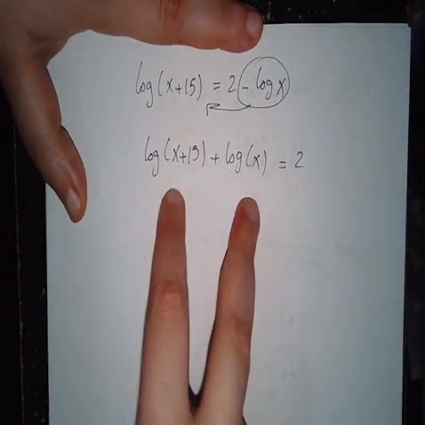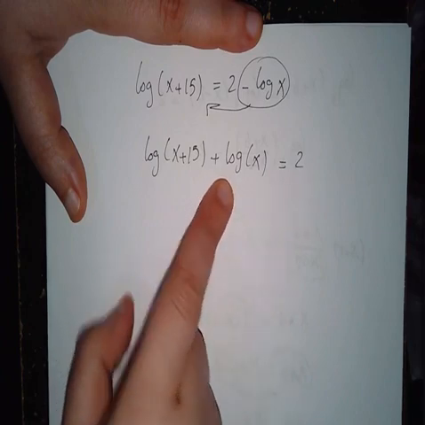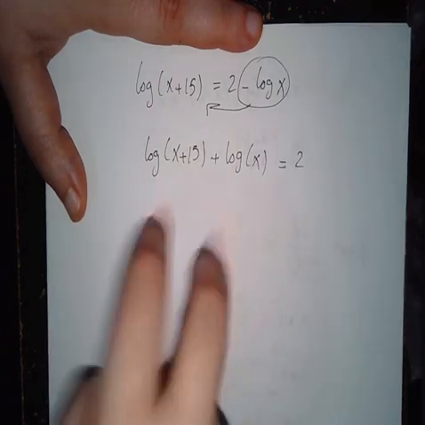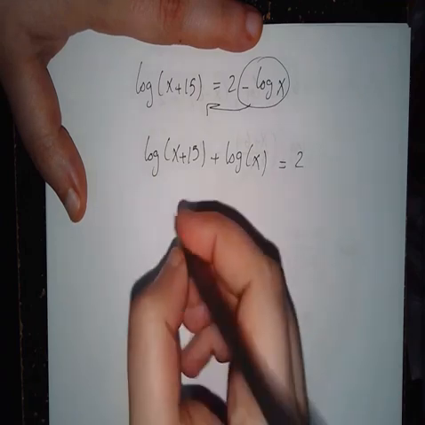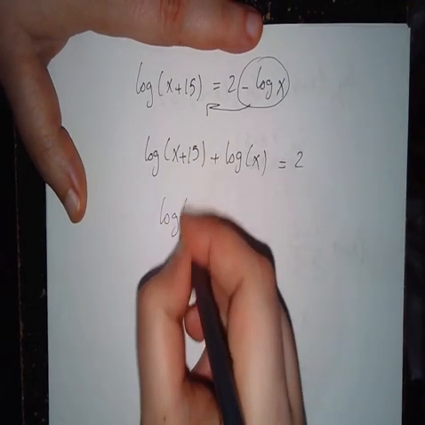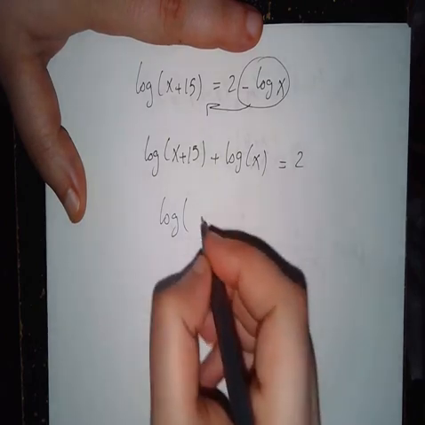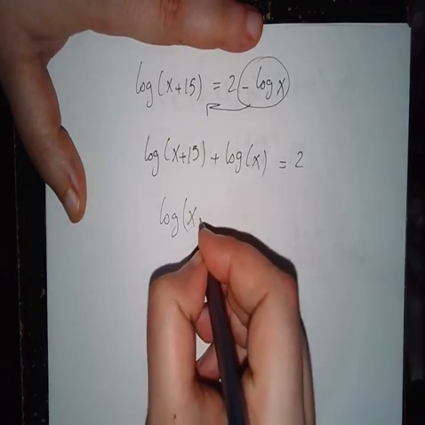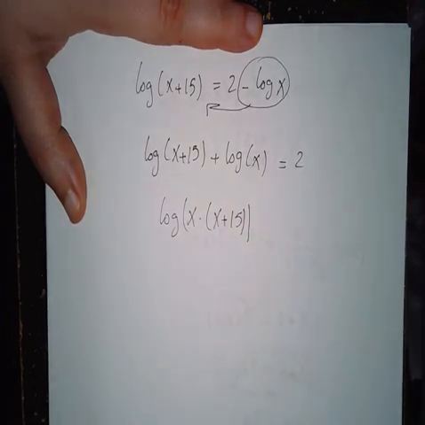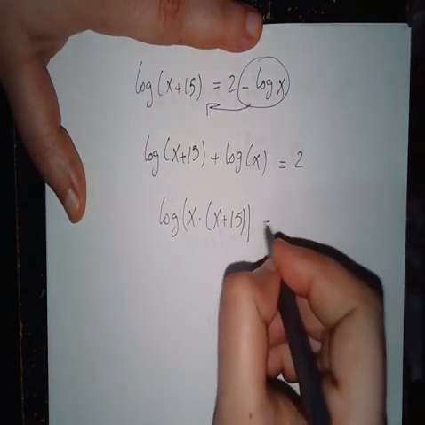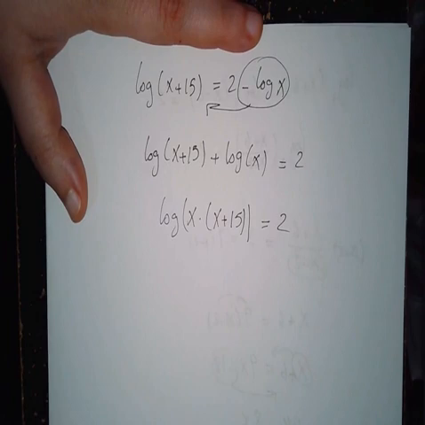Now, 2 logs with an addition in the middle, both logs having the same base. What does that tell you? I'm going to use the product property, and these 2 logs get combined into 1. So it's going to be x times x plus 15, like that. And on this side, we still have the 2.